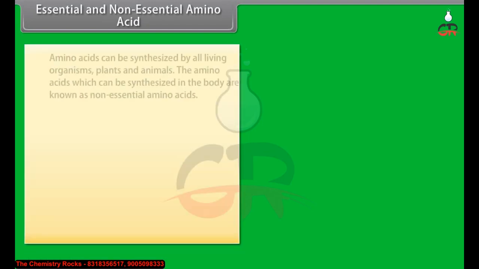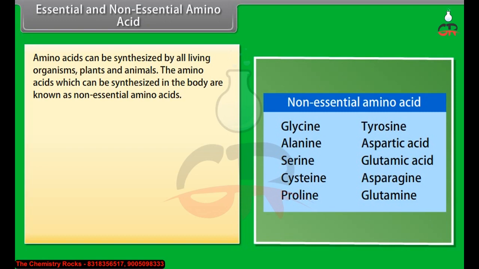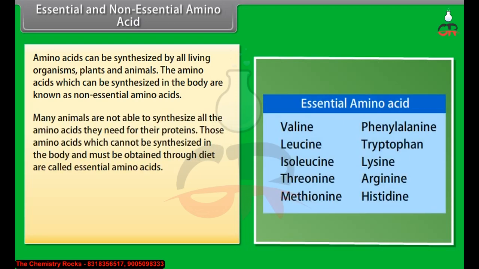Essential and non-essential amino acids. Amino acids can be synthesized by all living organisms, plants and animals. The amino acids which can be synthesized in the body are known as non-essential amino acids. Many animals are not able to synthesize all the amino acids they need for their proteins.